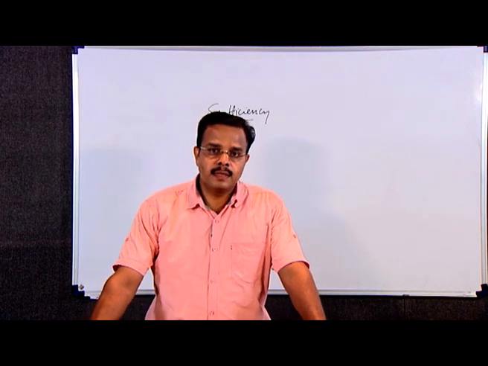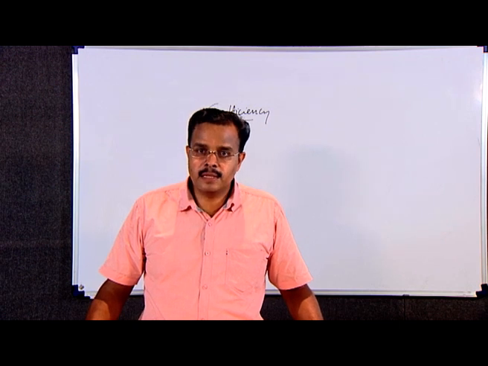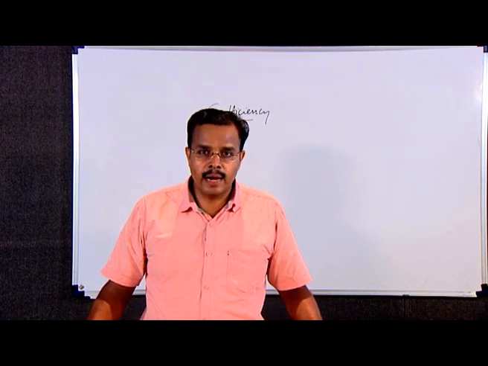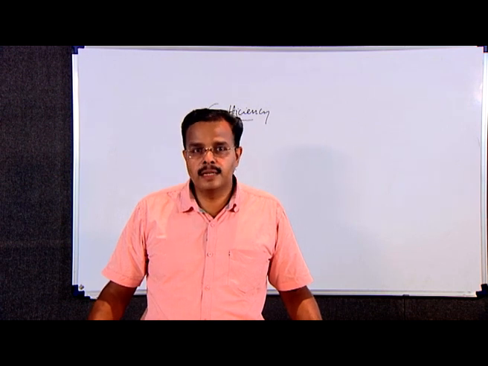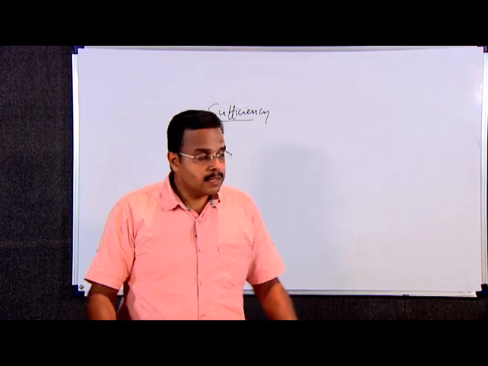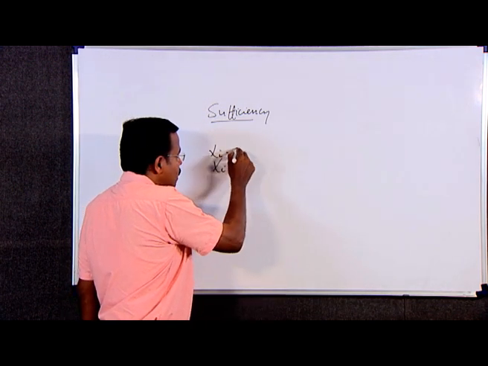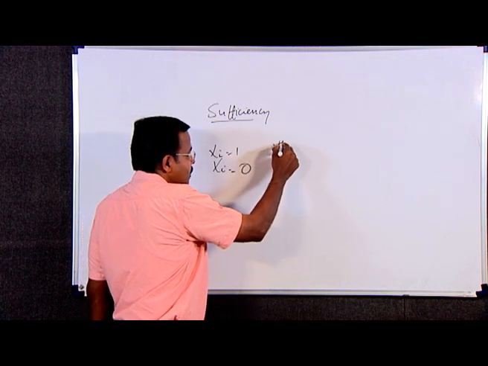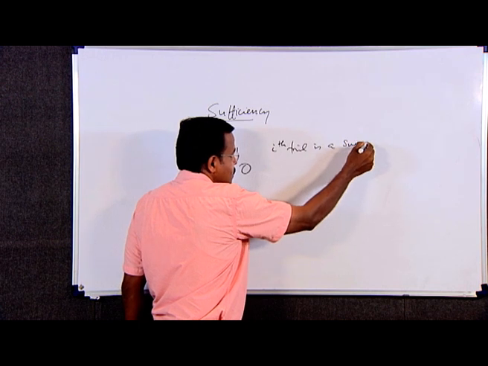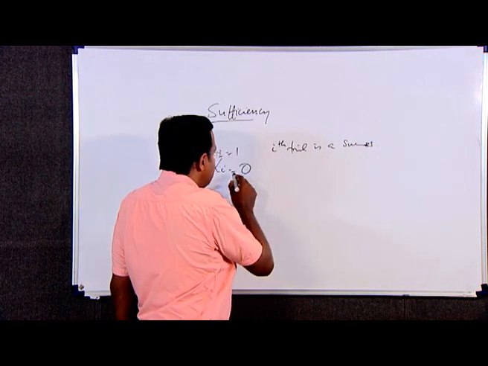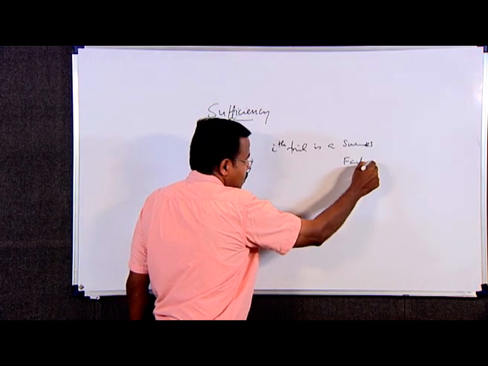To estimate the probability of success P, let the experiment be repeated n times and let xi equal 1 if the ith trial is a success and xi equal 0 if the ith trial is a failure.